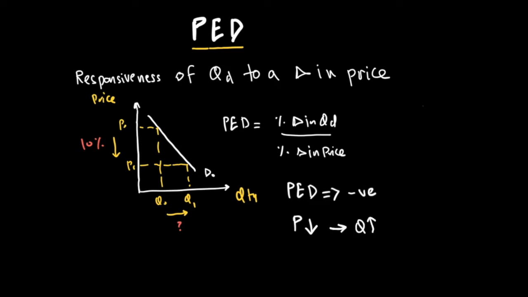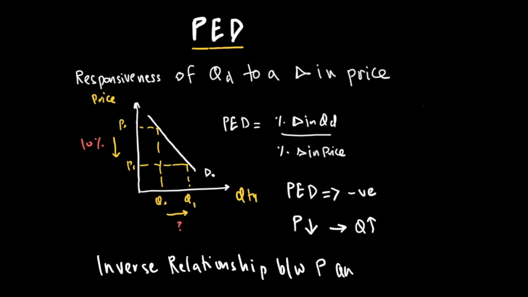This inverse relationship leads to what we call a negative PED, and that's why, since we know that PED is always negative, we sometimes ignore the minus sign.